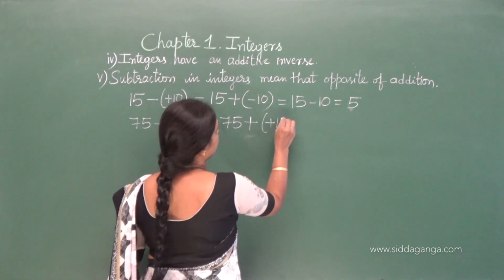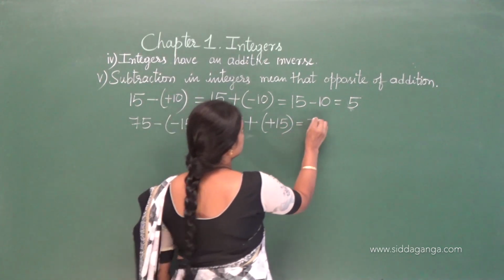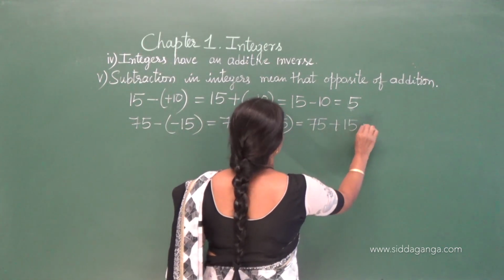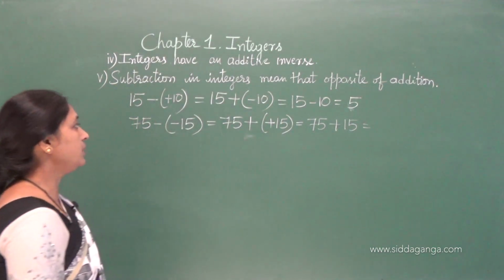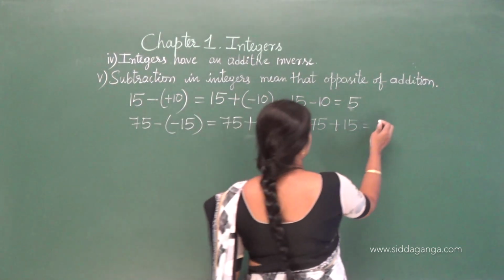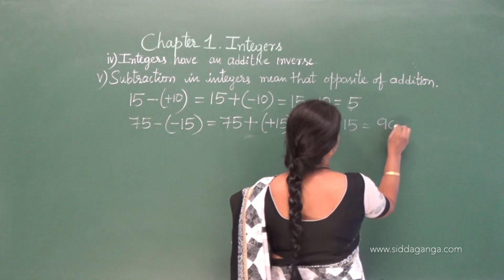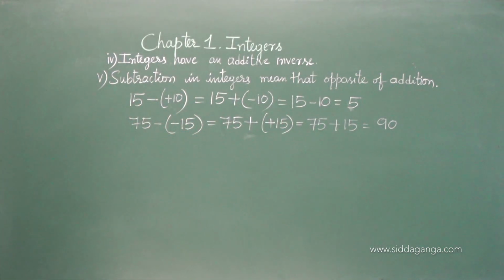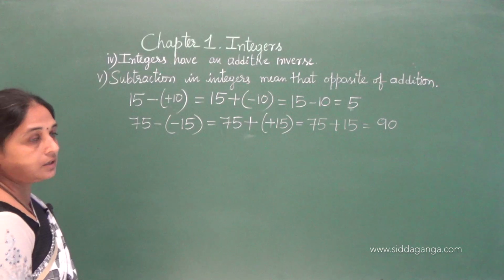It is 15. It is equal to 75 plus into plus is plus, that is 75 plus 15, which is 90. 5 plus 5 is 10, so carry 1, 90. It is 90.